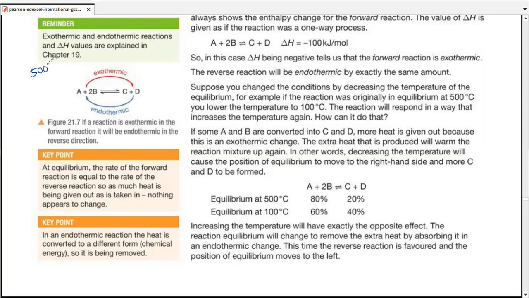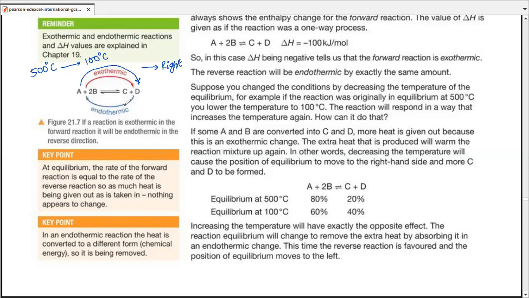If the reaction was occurring at 500 degrees centigrade and we reduced it down to 100 degrees centigrade, the system would try to go in the direction of exothermic reaction. And this is the direction of exothermic reaction. So the system is actually shifting towards the right. And in that way, it would produce more heat. It would heat up the system and try to bring the temperature back up as much as it can. Make sense?